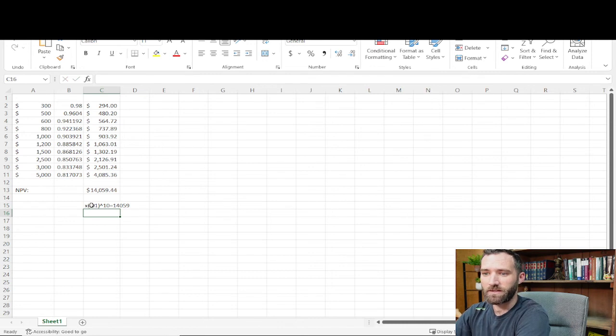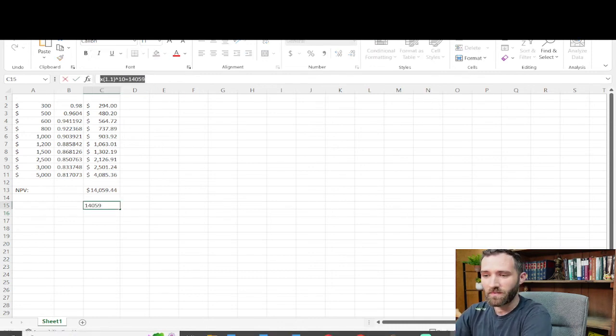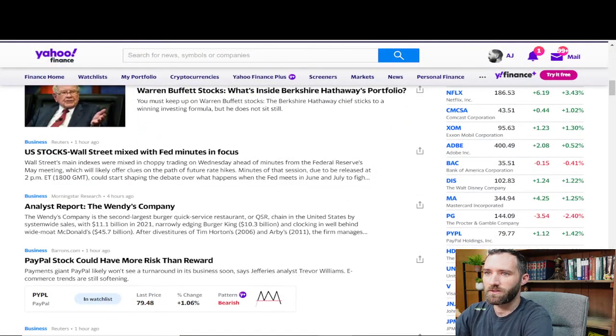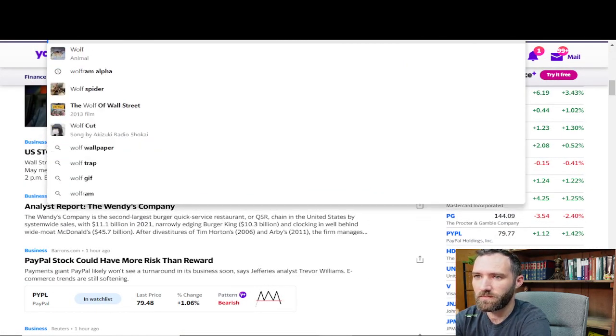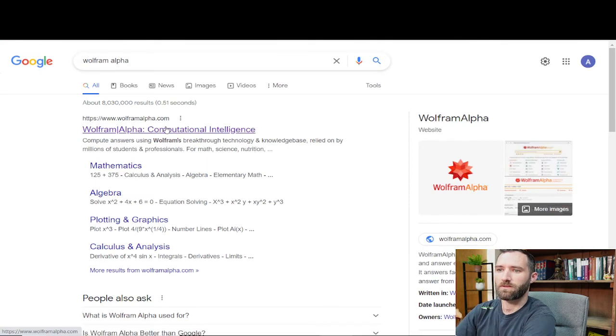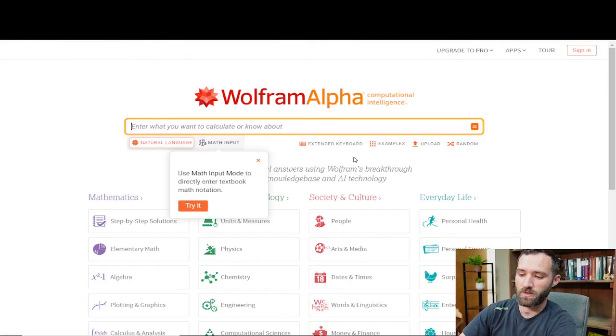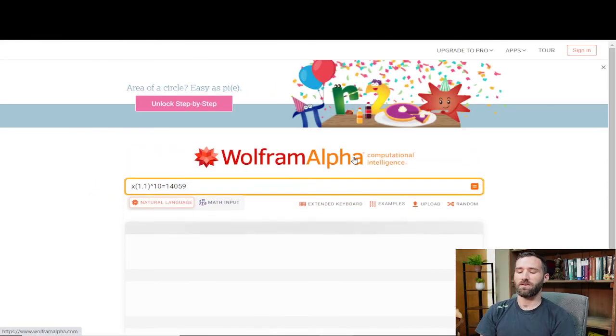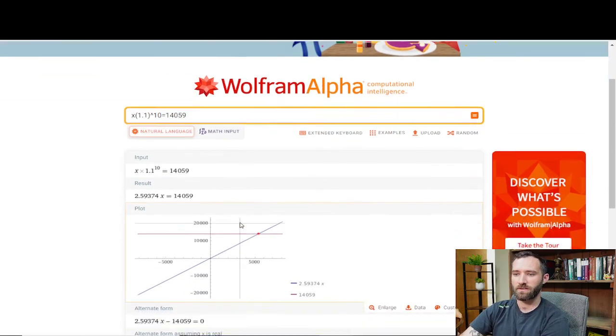Now we have to solve for X. The way I do this, there's probably a better way in Excel, I know. But the way I do this is I go to Wolfram Alpha. Check it. Wolfram Alpha is an awesome resource. So I'm just going to plug that in here, and it's going to tell me X.